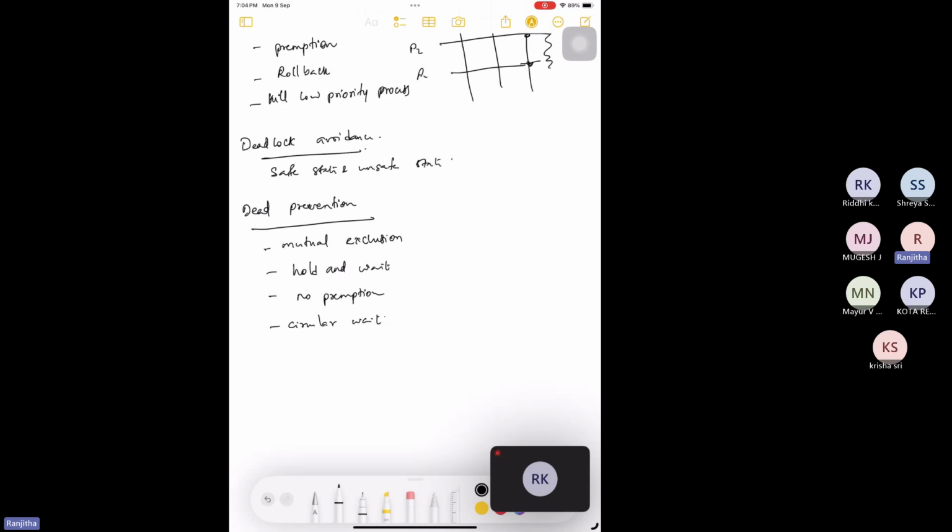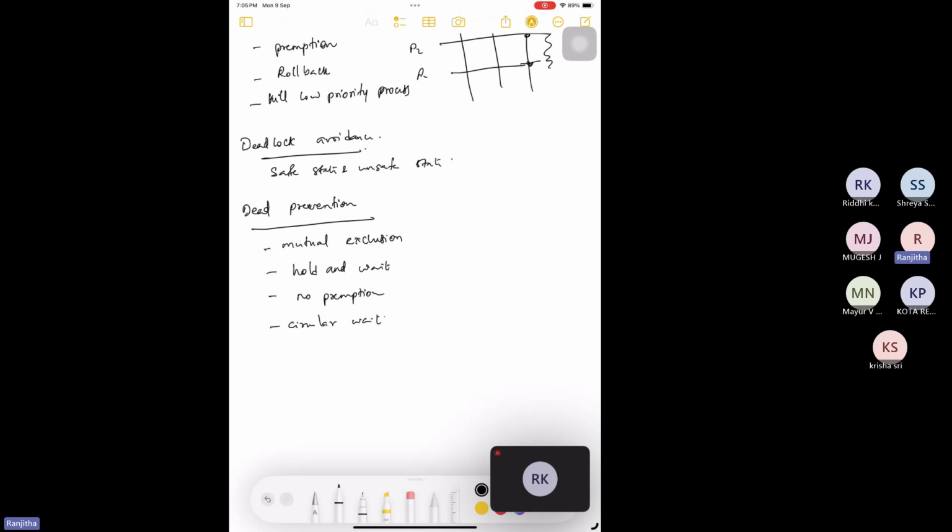Such a mechanism can be thought about, though of course not an optimal way, but hold and wait can be broken. So if we prevent any of these scenarios, then deadlock will not occur.